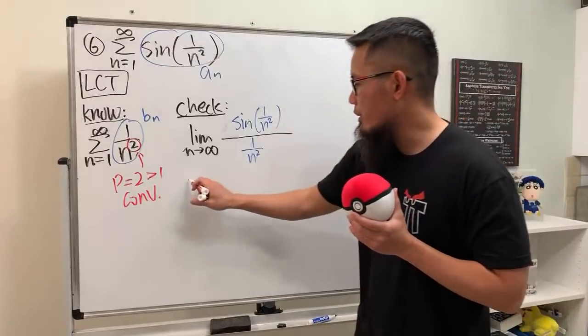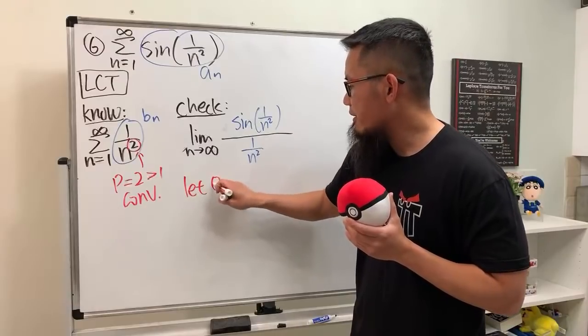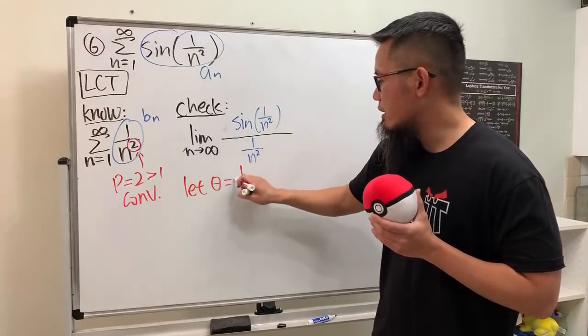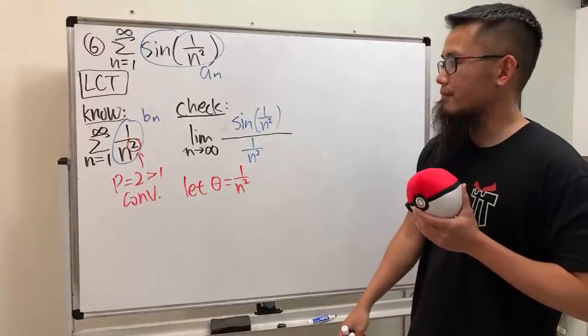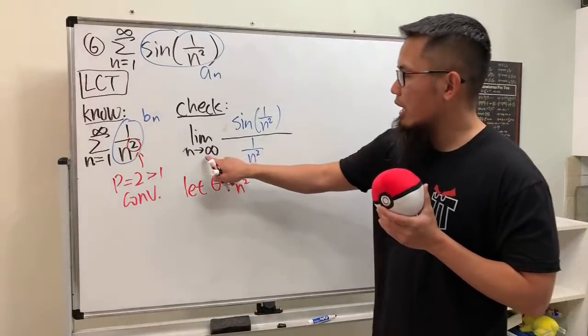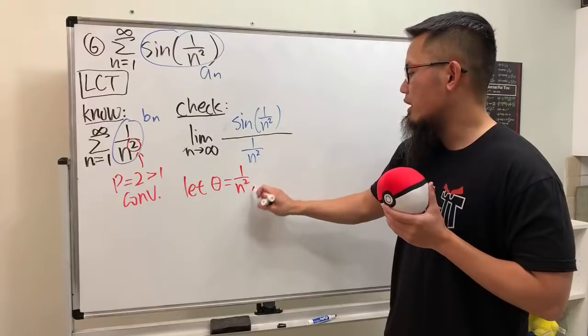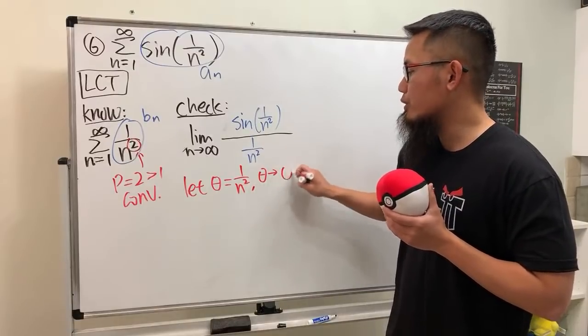To do so, what we can do is let theta be 1 over n squared. As n goes to infinity, you can see that theta will go to 0.